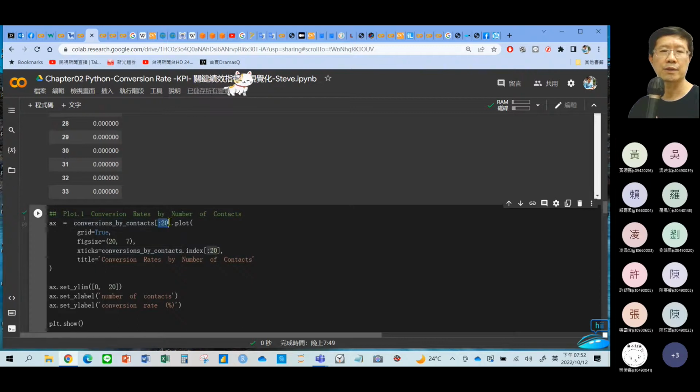Okay, so what is the range for this one? If I don't put anything at the beginning, it starts from the first element, which is 0. 其实这个是0。从0到多少呢？20 minus 1, 19.